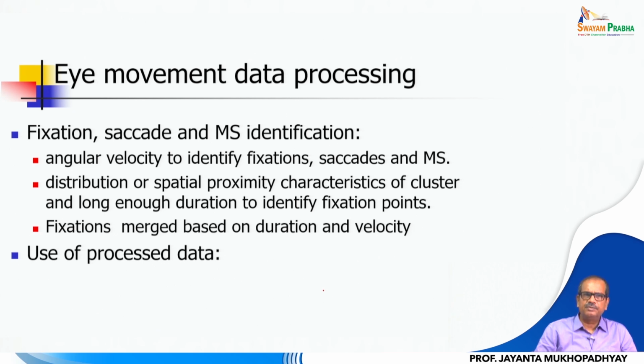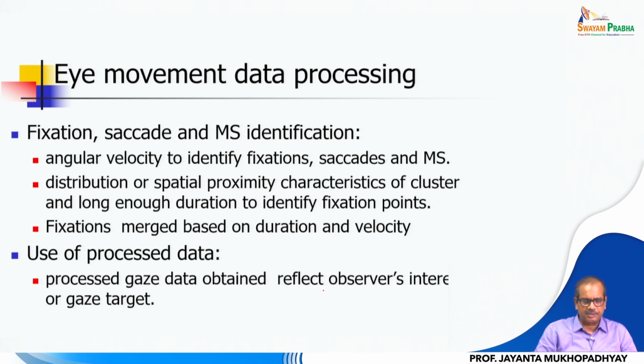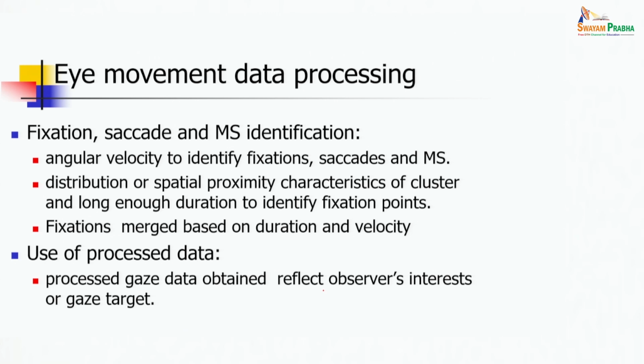So there are several uses of processed data. The processed gaze data obtained reflects the observer's interest or gaze target. This is one of the major applications: how do you decide what the interest of the observer is.